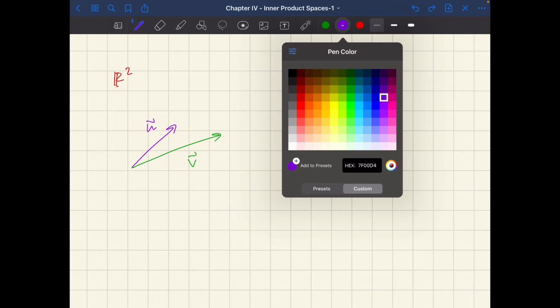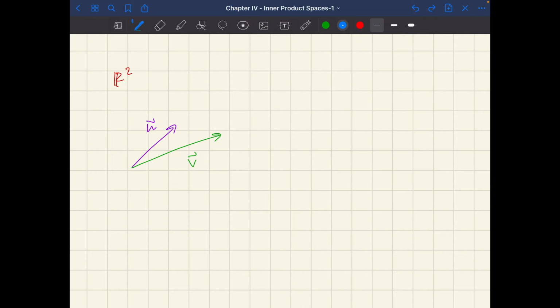We know that we can find the projection of u on v, right? And if we can find the projection of u on v, we can find the component vector of u that is orthogonal to the vector v. This one is u minus the projection of u on v.